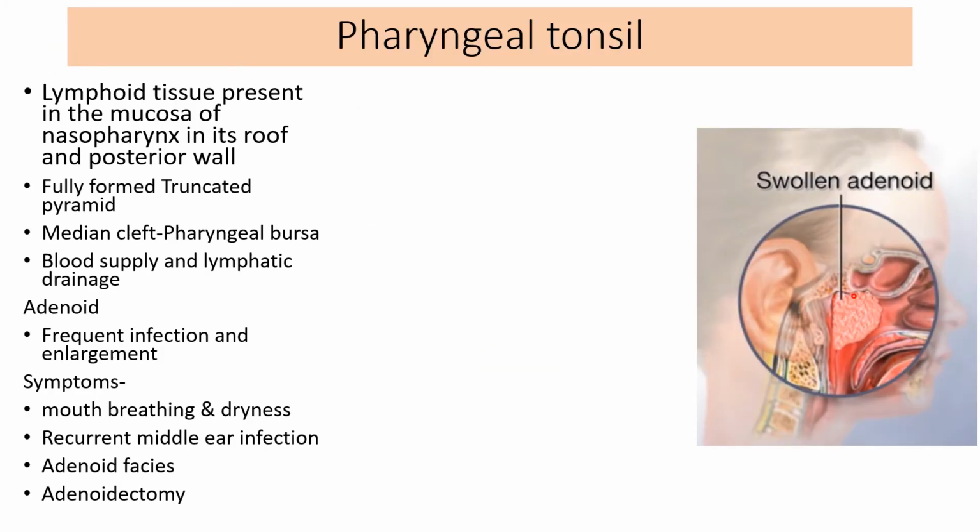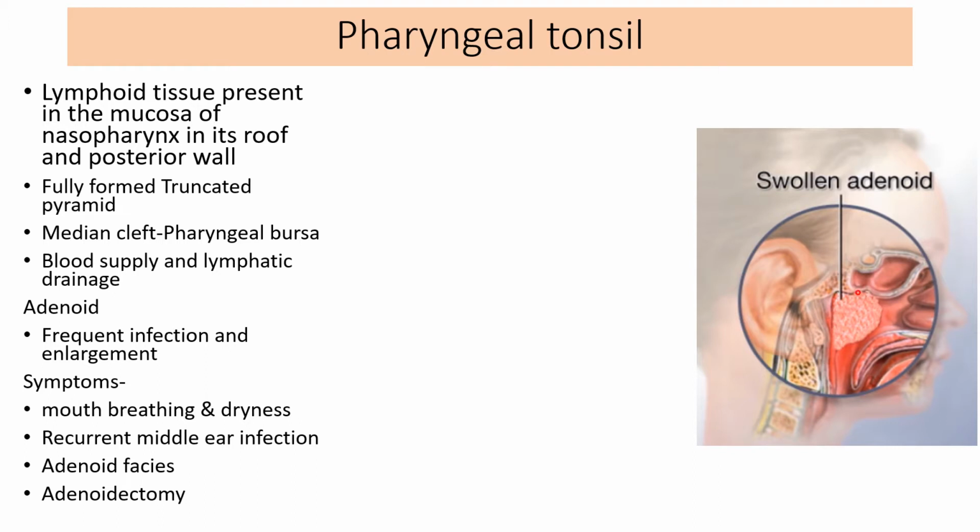Pharyngeal tonsil is the mucosa associated lymphatic tissue present in the nasopharynx in the midline. Here in this picture one can appreciate along its roof and the posterior wall. So this is nasopharynx, posterior ends of the turbinates seen over here, the soft palate, the posterior wall of the nasopharynx formed by the arch of atlas and the dens of the axis, the sphenoid and the occipital bone, the inferior surface.